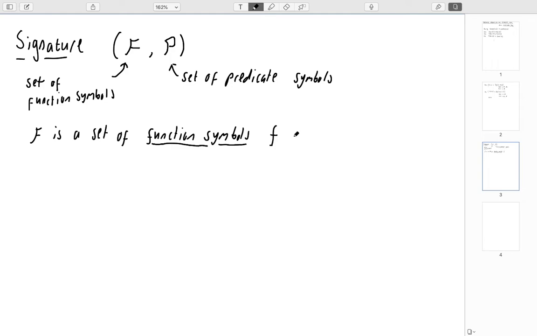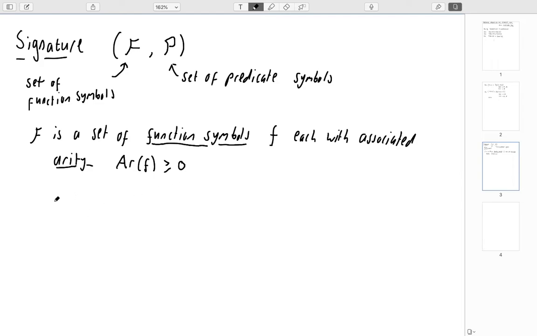So each f comes with an associated arity, the arity of f, and that's a number, and I like to allow it to also be 0. So 0 is a function symbol that takes no arguments, and that's a special case.